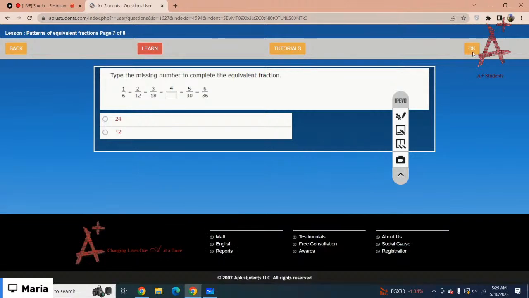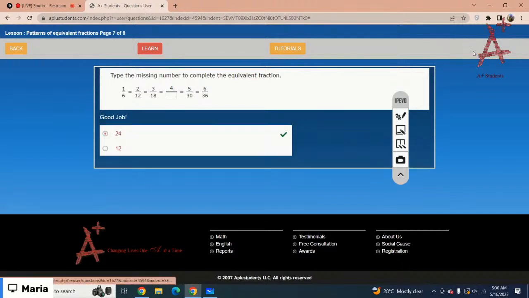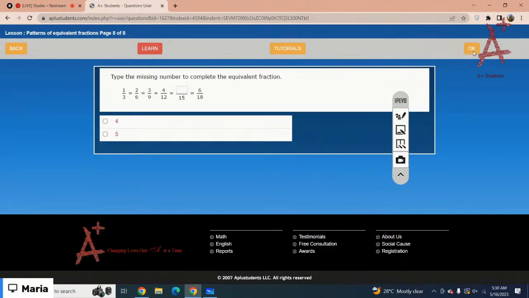Type the missing number to complete the equivalent fraction. So which number is missing? Yes, that would be 6 times 4 is 24. So 24 is missing. Okay, type the missing number. So which number is missing?